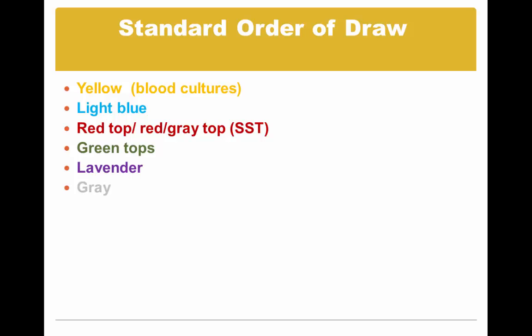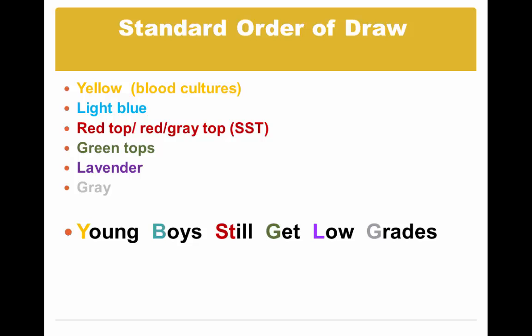So Mrs. Cook came up with, or she saw this somewhere, if you get this into your head. Young boys still get low grades. Okay. And she's got them highlighted there, the beginning of each word, to kind of remind you of which tubes in the order you want to draw them.